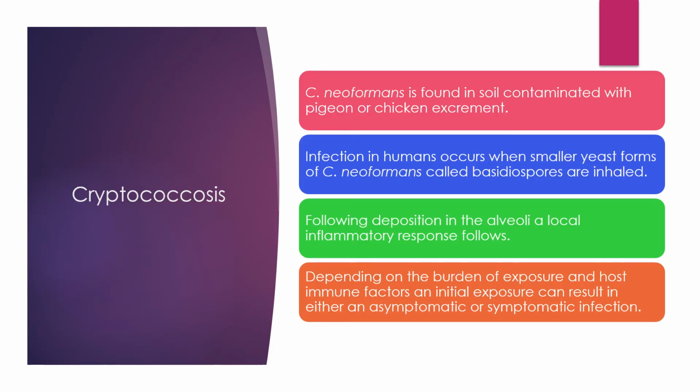C. neoformans is typically found in the soil, contaminated with pigeon or chicken excrement. And infection occurs when the smaller yeast forms called basidiospores are inhaled by the host. And depending on the burden of exposure, the host immune system, an initial infection can either be asymptomatic or symptomatic.